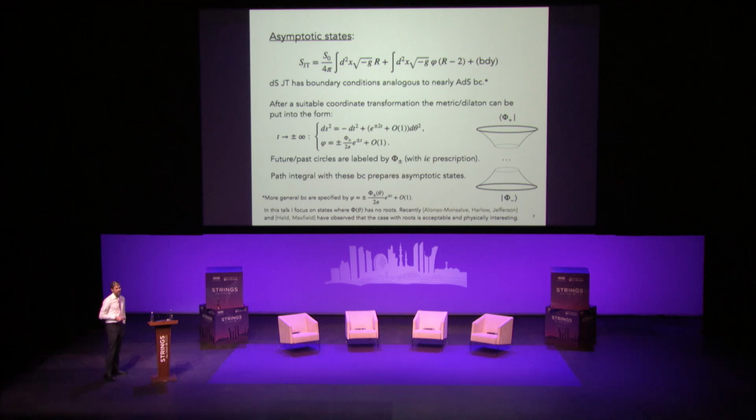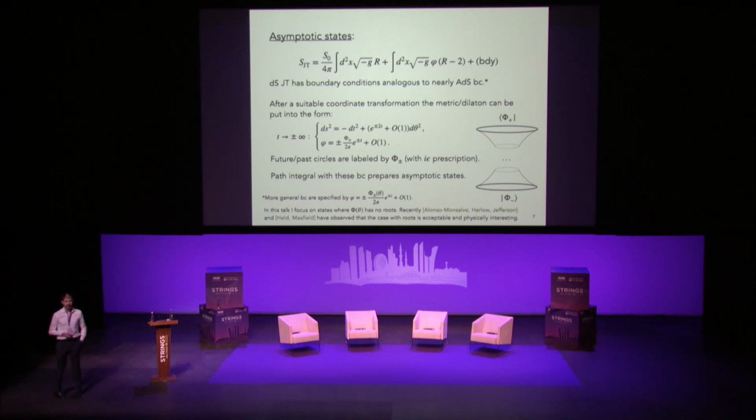And I call the coefficient, the rate of expansion, big phi, phi plus for the future, phi minus for the past. That's the data with some suitable choice of coordinates. That's the invariant data that labels these boundary conditions. And I can think of that then as labeling the bra that's prepared by the path integral subject to such a boundary condition in the past, or a ket that is prepared with such a boundary condition in the future.